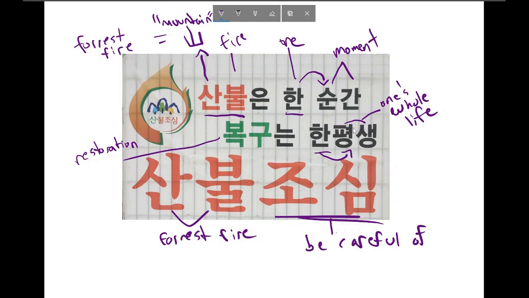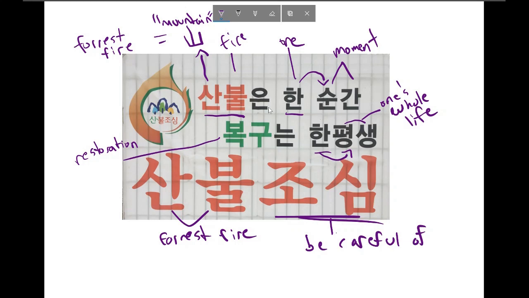It's sort of an idiom, but if you break it down, what it's saying is that if you start a fire, it only takes a moment of your life to start a forest fire. However, fixing that forest fire takes a whole lifetime. You can imagine that it takes a second to light a match, and one match could start a whole forest fire and burn down a whole forest. But planting those trees again and growing all those trees, well, that takes a whole lifetime.